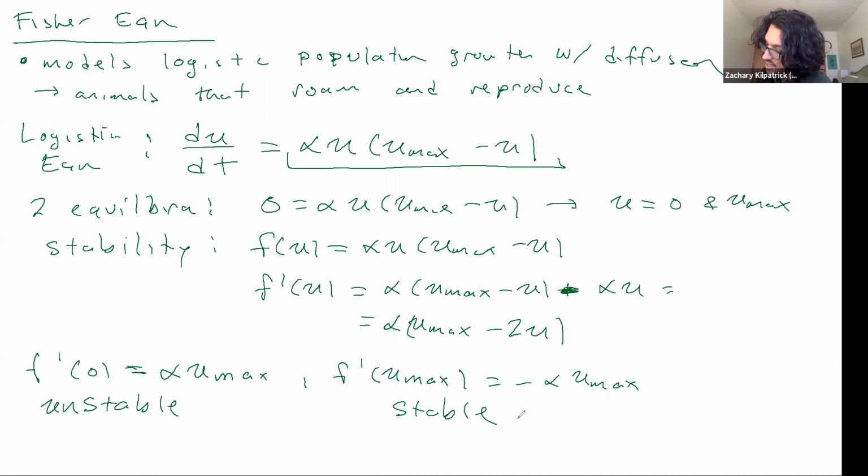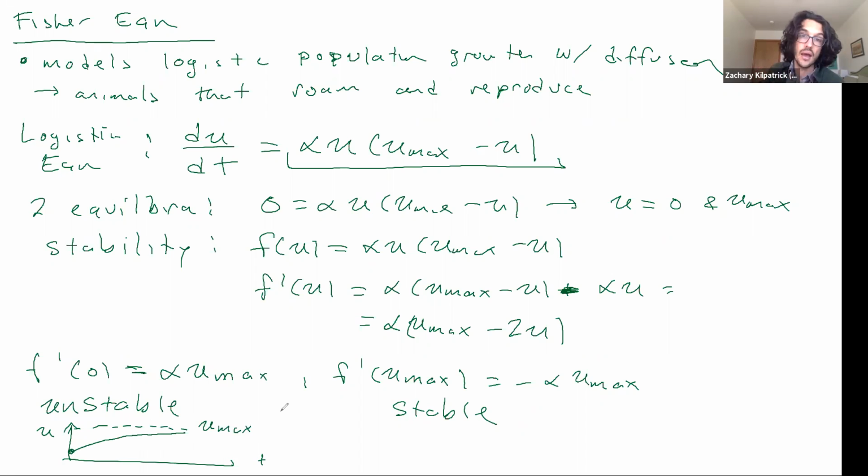The idea is that over time, if I'm looking at u as a function of t and I start out with some organisms here, they're going to increase their population until they get to u max. Why don't they just keep reproducing forever? That's the whole point of the logistic equation: you have some resource bound.